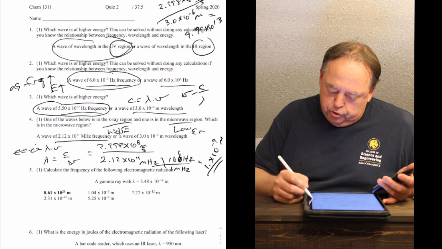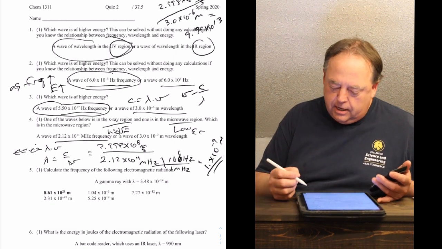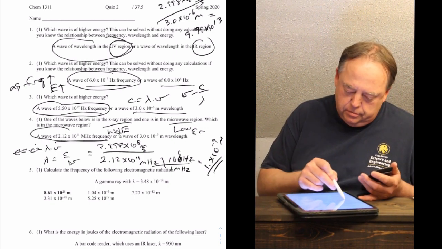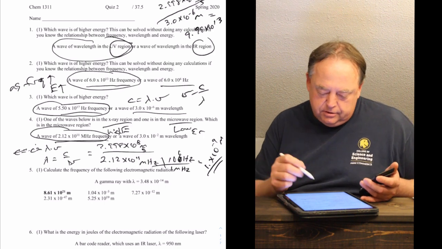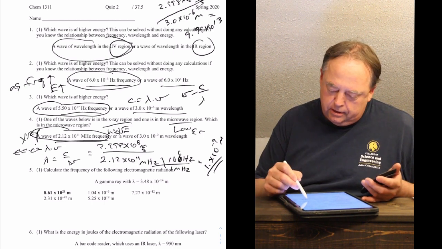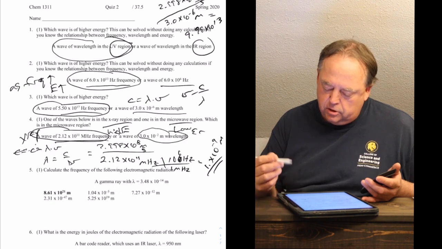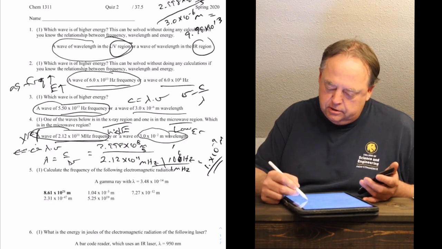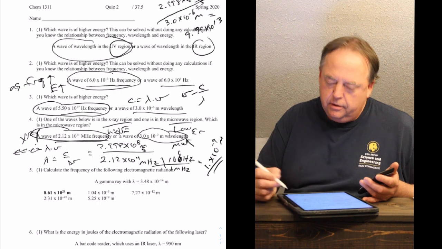Yeah, so that's a shorter wavelength, so that's a higher energy. So that would be the one that's in the X-ray region. This is the one that's lower energy, since it's longer wavelength, so that would be the one that's in the microwave. So that would have been the correct answer.